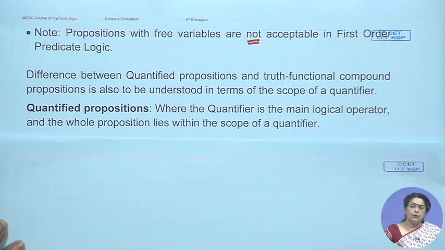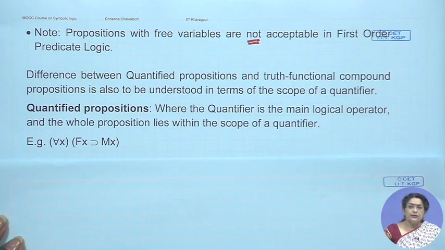When the quantifier has the scope over the entire statement. Once more, quantified statements are those statements where a quantifier has the entire sentence within its scope. That is what we call quantified statements. Okay? So, the entire statement has to be within the scope of a quantifier.